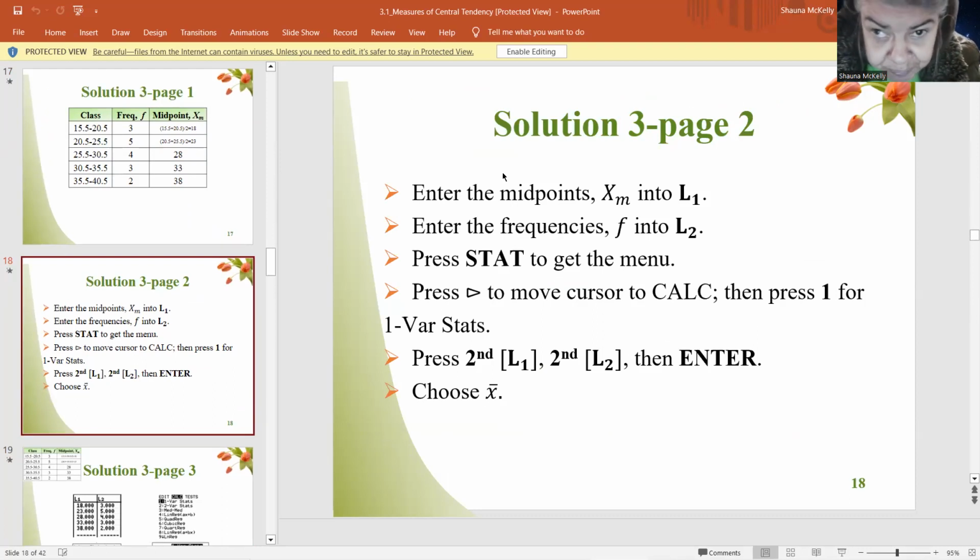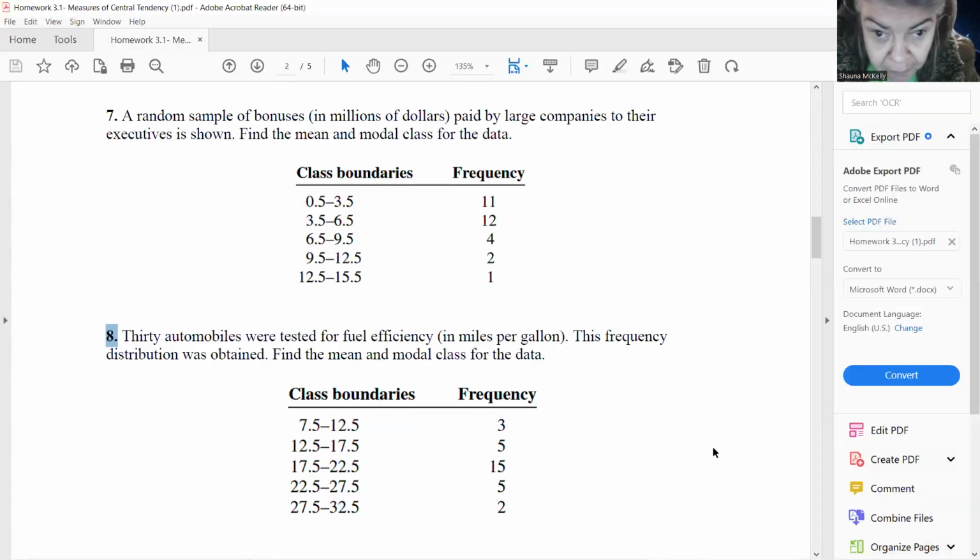So here's what we're going to do. Let's go back to our homework here. Let's do number 7. Now, what we need to do is we need to find the midpoints. If you remember how to find midpoints, we always find midpoints roughly the same way.